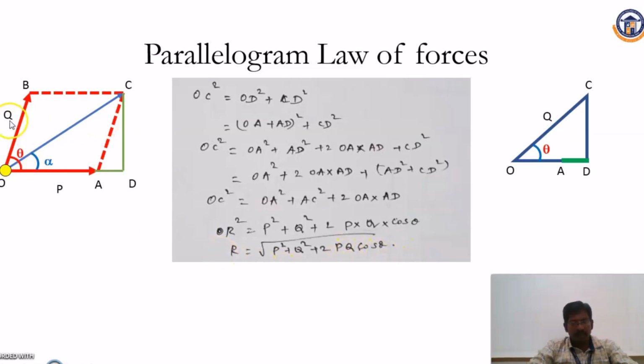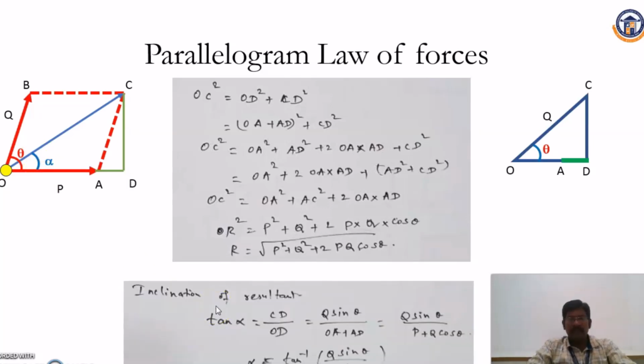So the resultant of these two forces P and Q, which will be acting on a particle, can be identified with this relationship. R is equal to square root of P square plus Q square plus 2PQ cos theta. So now the angle of inclination of this resultant force alpha can be observed with this relationship, that is tan alpha, which is equal to CD divided by OD.